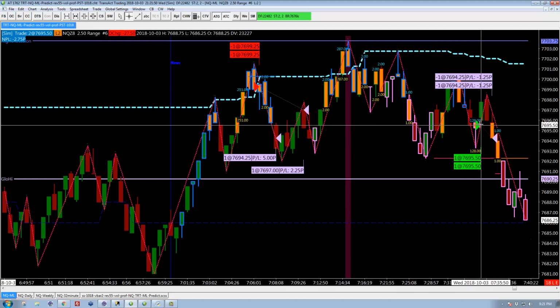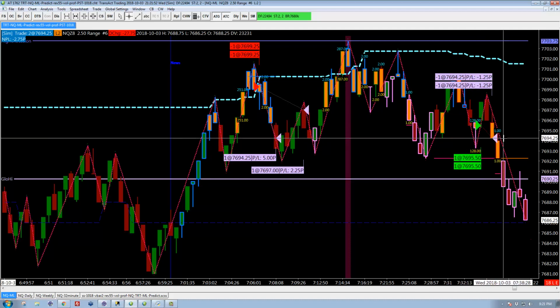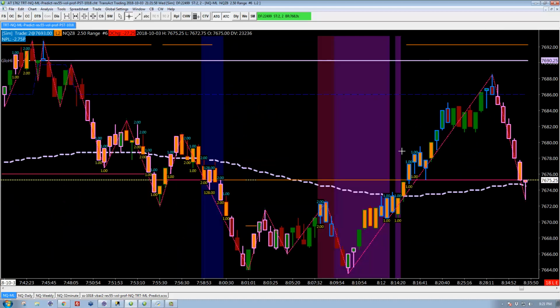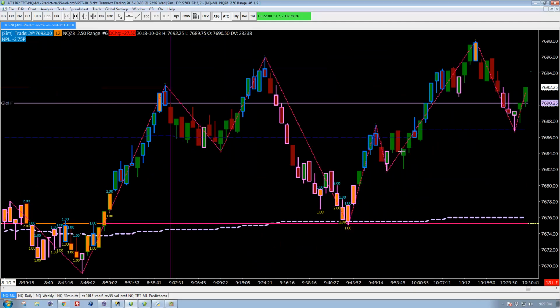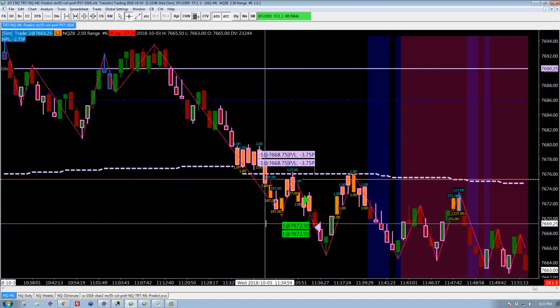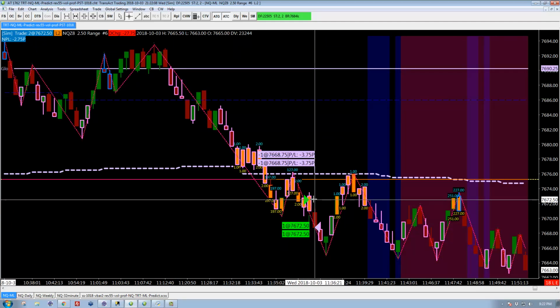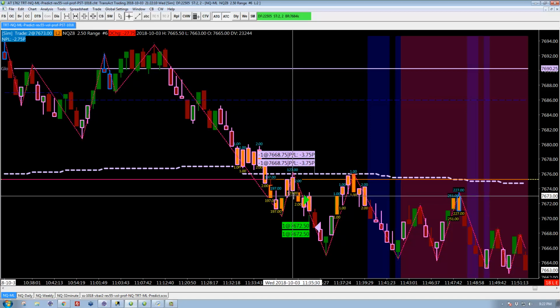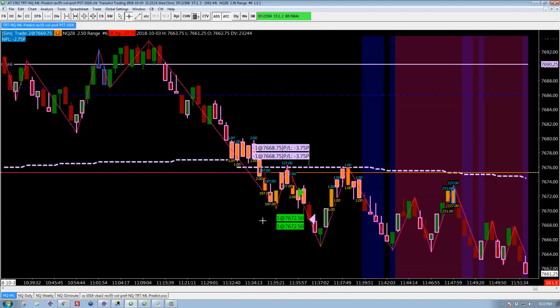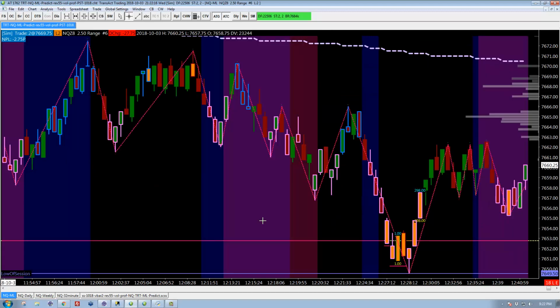This long here, you get enough to move the stop so you take a half loss, or a third loss, I guess. We're going to come back and look at this in a minute. Nothing there. And then there's another long right here off this 127 that takes a full loss. And I think that's it.